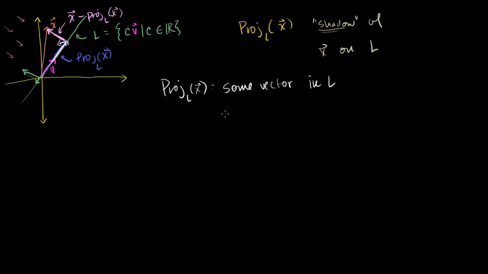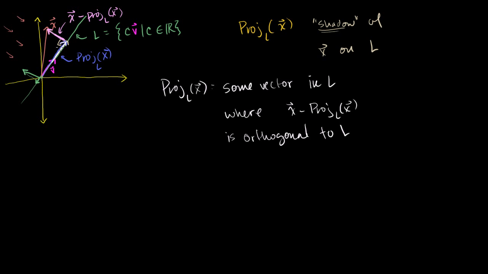Some vector in L where, and this might be a little bit unintuitive, x minus the projection onto L of x is orthogonal to my line. So I'm saying, this is my definition. I'm defining the projection of x onto L to be some vector in L where x minus that projection is orthogonal to L. This is my definition.